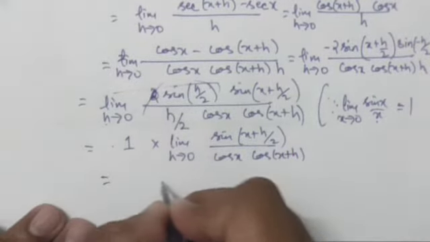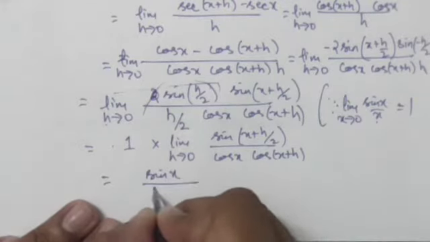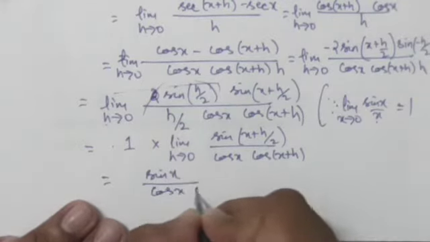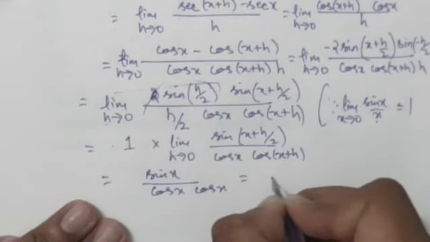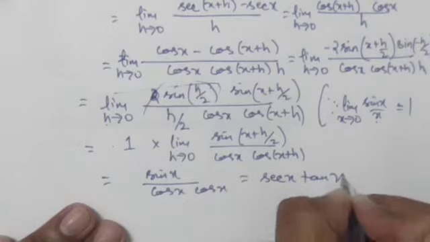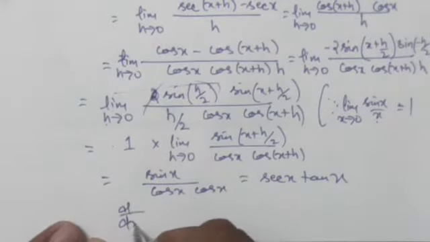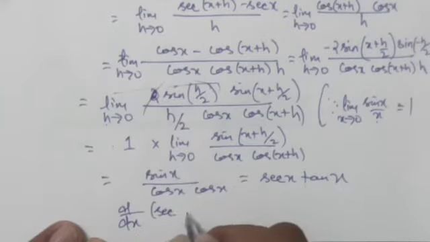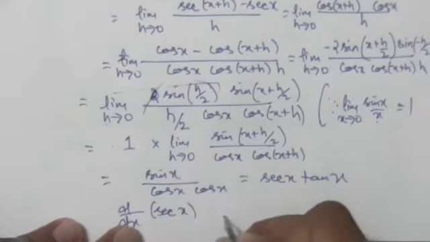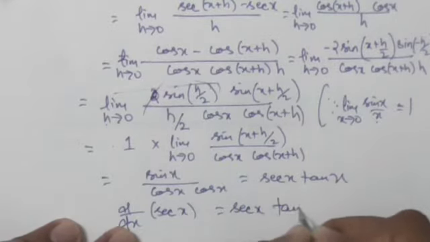So it will be equal to sin x upon cos x into cos x, that will be sec x into tan x. So the derivative of sec x with respect to x is sec x into tan x.